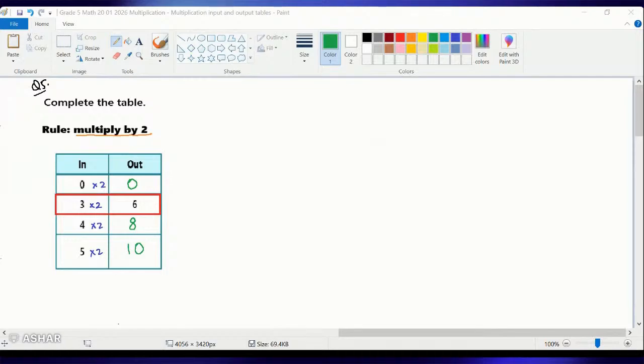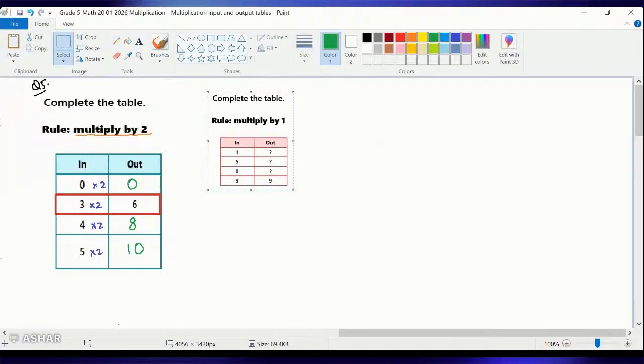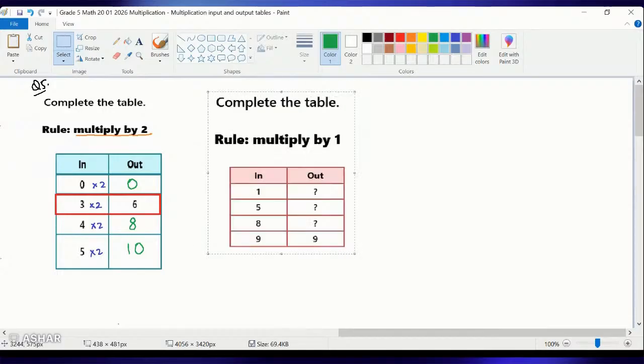Let's see what we have over here. We'll try to ignore the given rule for a second. Let's suppose this rule we are trying to ignore. This is question number 6.